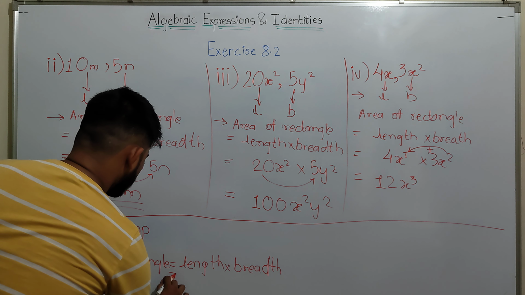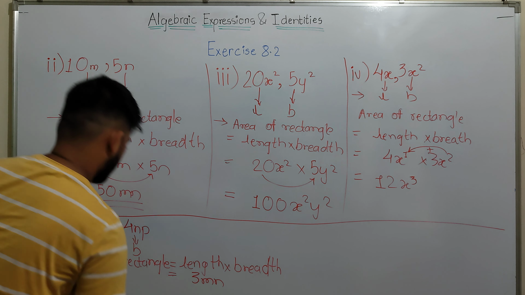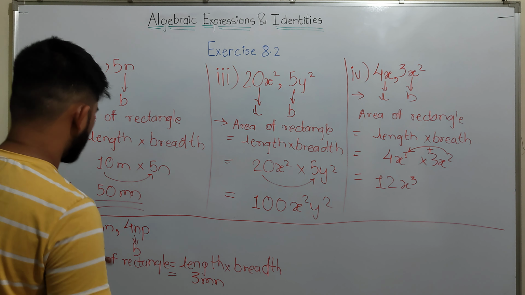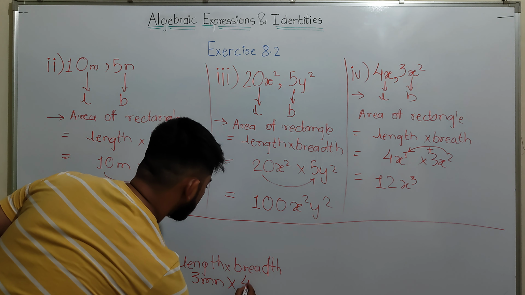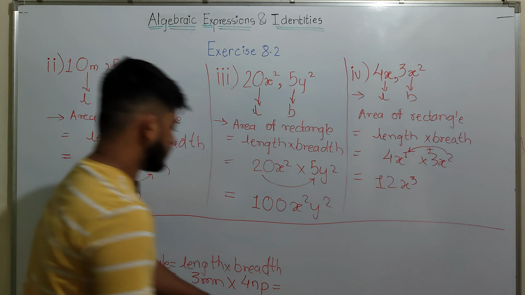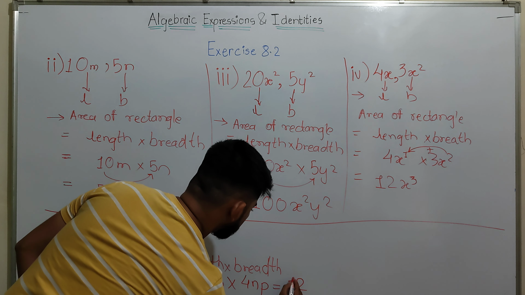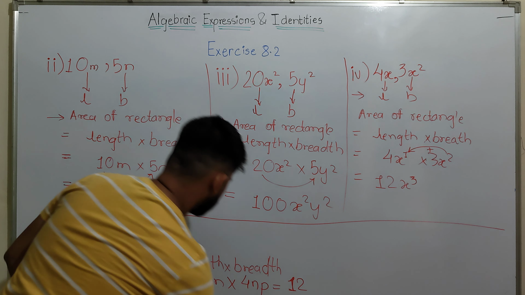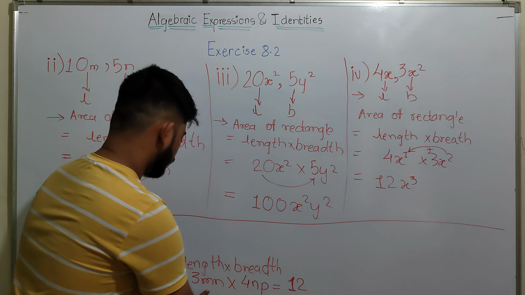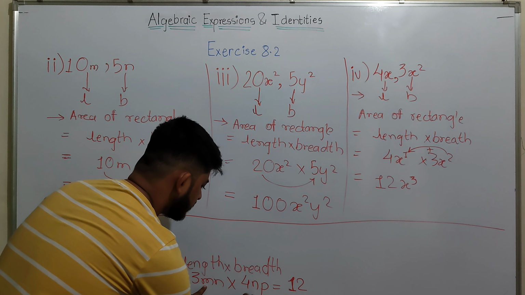So what is the length over here? We have 3mn and 4np. Now 3 fours are 12. Do we have m in this term?